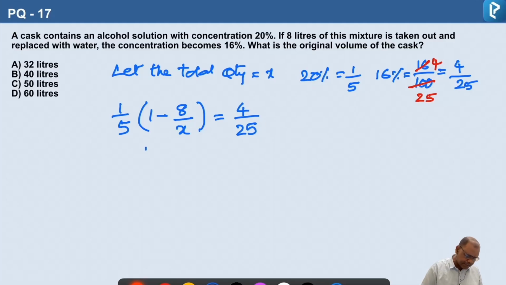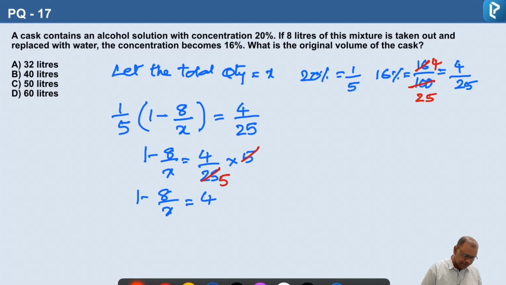So 1 minus 8 by X is equal to 4 by 25 multiplied by 5. Simplifying, 5 5s, what is remaining? 1 minus 8 by X is equal to 4 by 5.